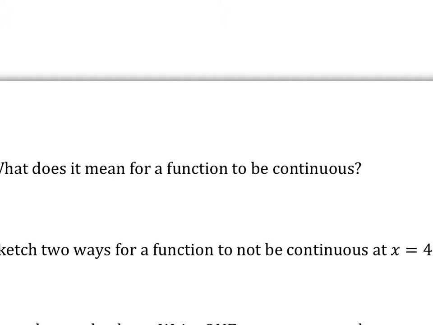Two functions, two graphs. Michelle, would this count? Can you actually have an XY axis on yours? Okay, good. Keep the graphs there.